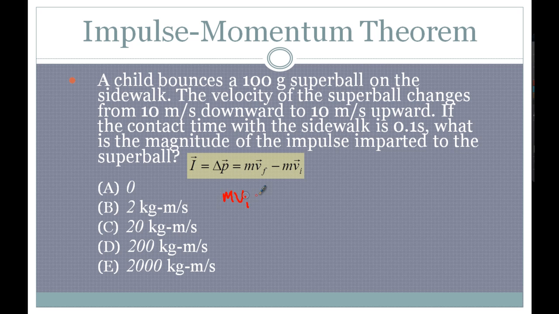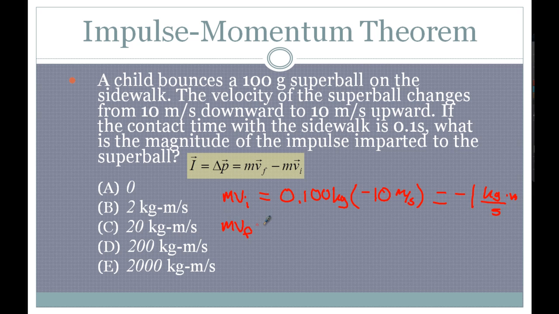So m v initial is going to be 0.100 kilograms times negative 10 meters per second, which is just going to give us negative 1 kg times m over s.